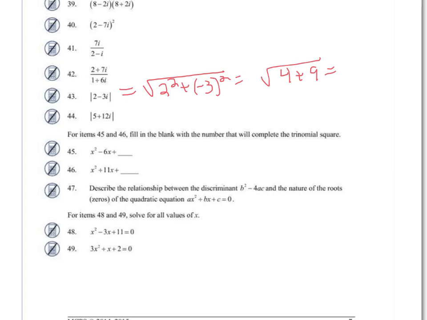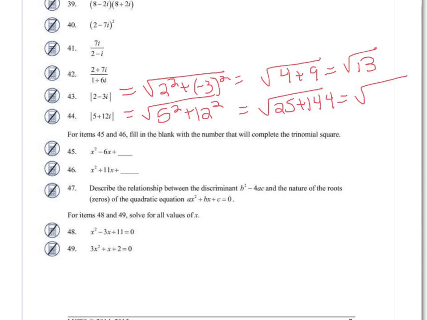So the value for 43 is the square root of 13. Same thing for 44. And when we simplify that, that's 169, and the square root of 169 is 13.